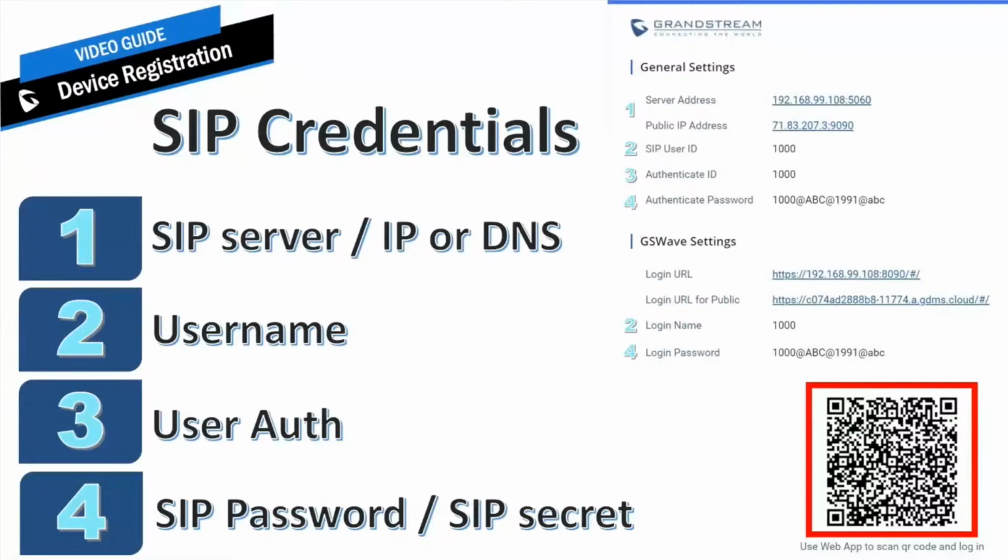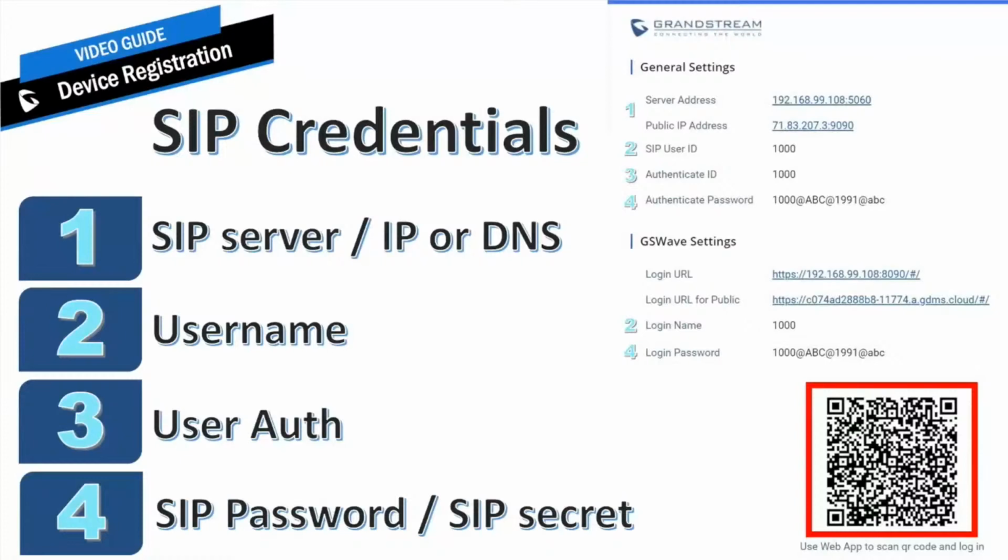Next is the auth ID. It is usually used for security purposes, and it is one of the optional things. Majority of the time, you're only going to use the username and the SIP password. And for the SIP password, it is literally just a password.